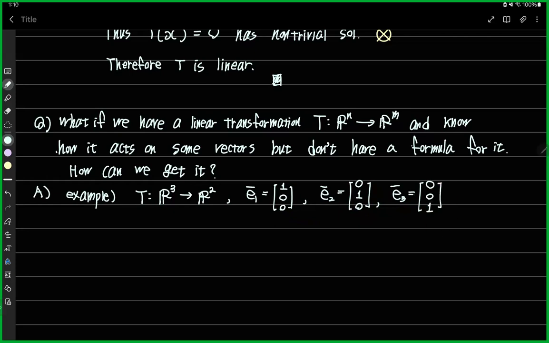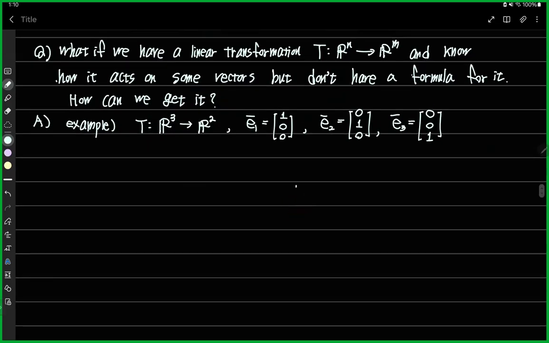These are the x1 axis, x2 axis, and x3 axis directions. This is E1, this is E2, this is E3. They are called standard basis vectors, or standard unit vectors.